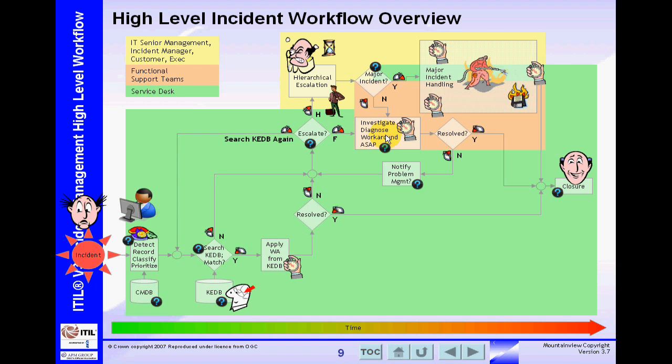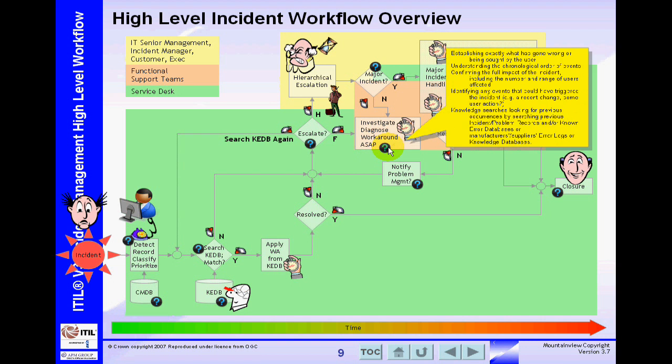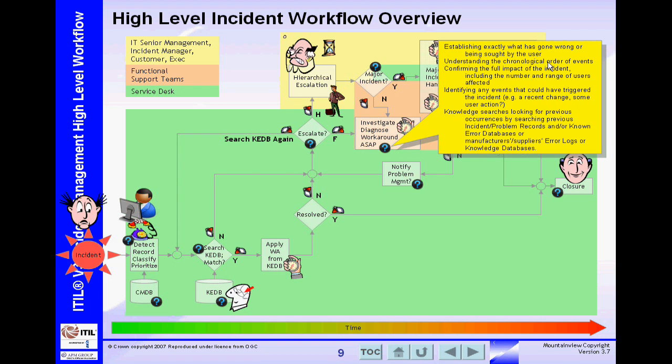The investigation and diagnosis of workarounds is critical to success and the duration of all incidents. It is the responsibility of each functional group, but most importantly the service desk, that the functional escalations are done in a timely fashion to restore that service as quickly as possible.